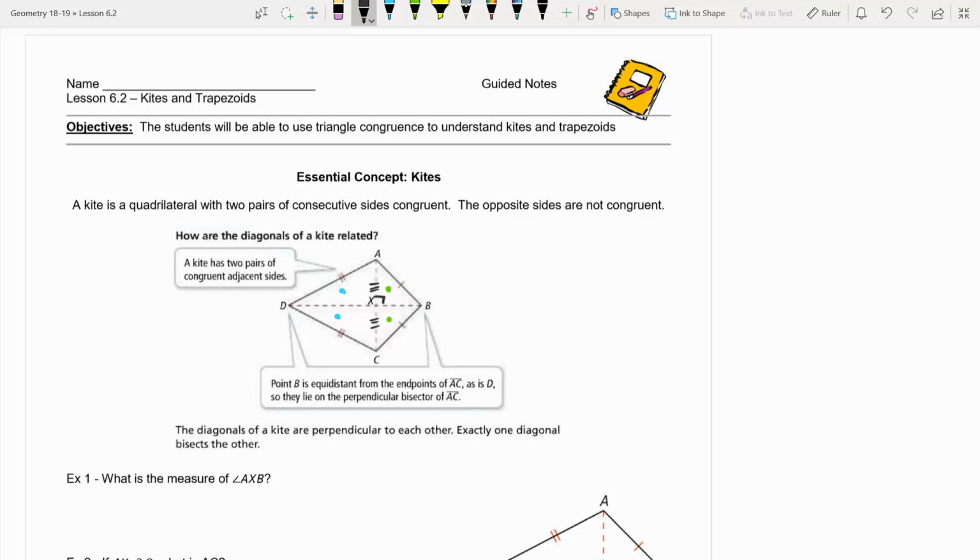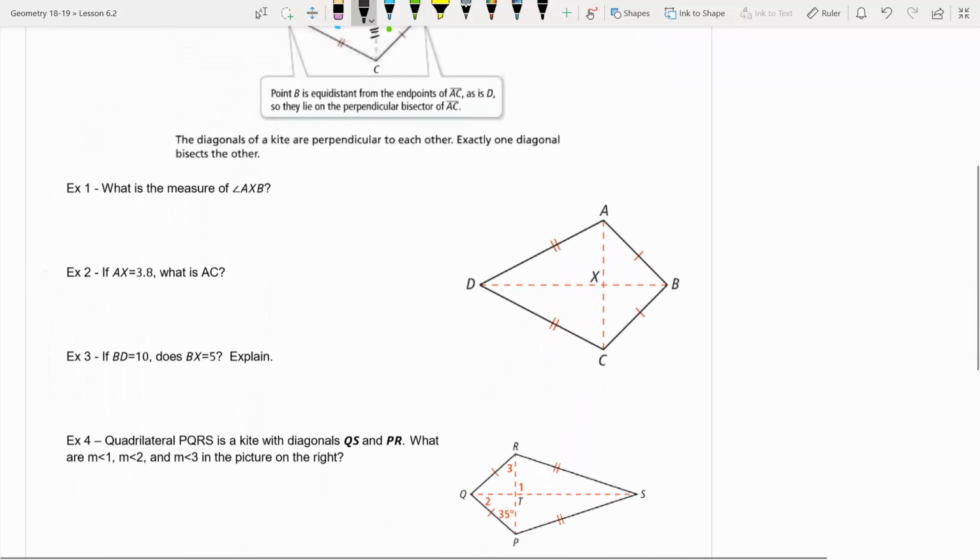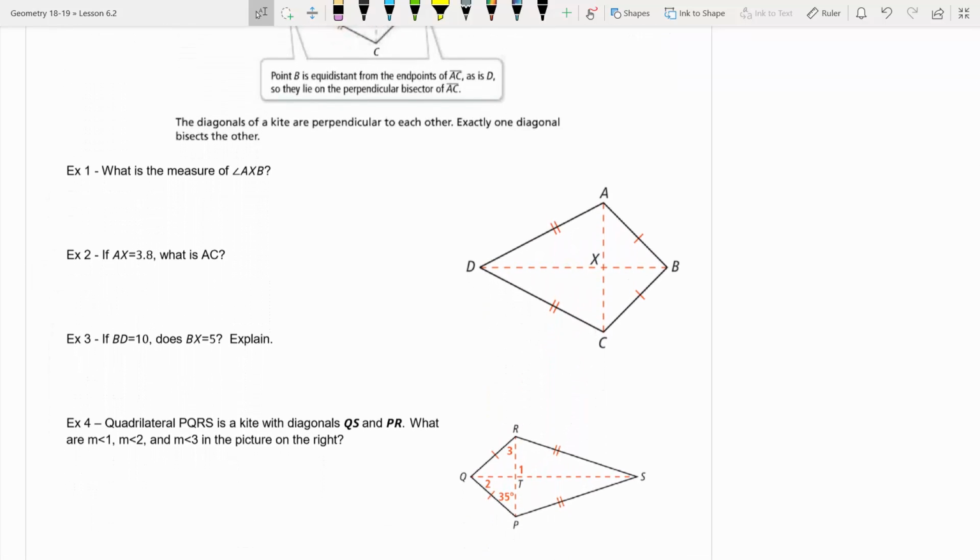So I want to do one example with you guys, and then let you try one, and that's it. So if we look at this kite, we know we can mark AX and XC are congruent. So if we look closely at this, they want to know what's the measure of AXB. Well, we said when we have our two diagonals meet, they create perpendicular lines.